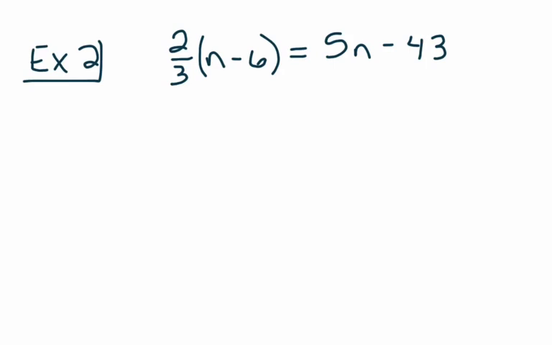So we do not want to start this problem by using distribution. That's not what we want to do here. Instead, what we want to do is eliminate this fraction. It's nice that there's only one fraction in this example, and we want to eliminate that one fraction. Now, in 7.3a, I talked about some different grouping symbols, and here we have our parentheses as our first set of grouping symbols.